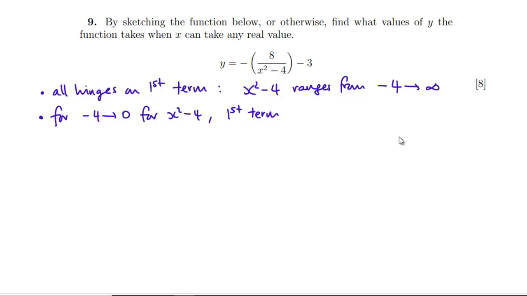If we've got -4 on the bottom, that's going to give us -2, which will then become 2. So the first term ranges from 2 to, if we've got 0 at the bottom, then we've got infinity. But we're approaching it from the negative, so that will be positive infinity. Okay, that's fine.